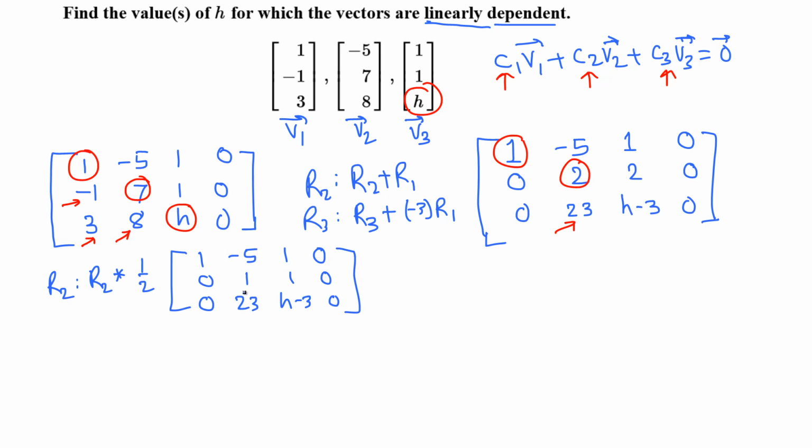So we want to make this 23 into 0 now using this pivot 1. Do not use the negative 5, it doesn't work, because you always use the pivot element to make other terms 0. So working on R3, the third row: this is 23, which means R3 plus negative 23 times R2.